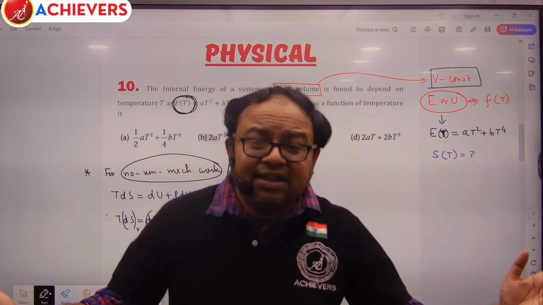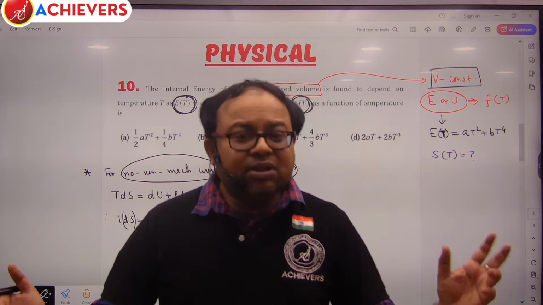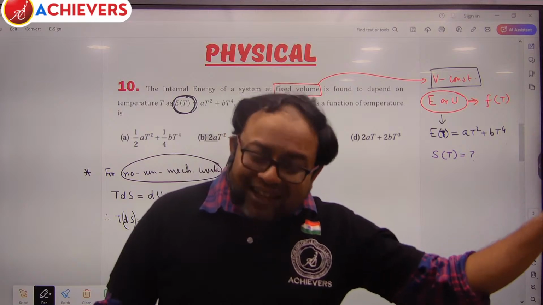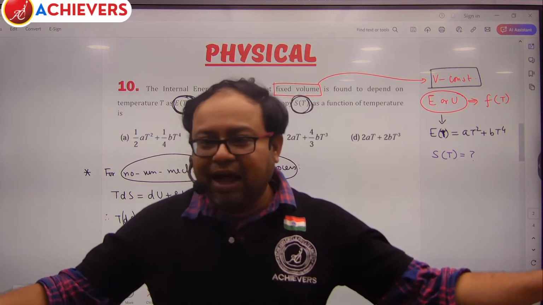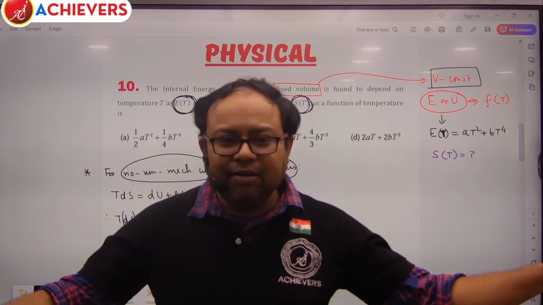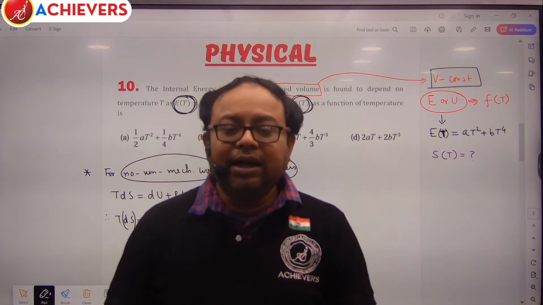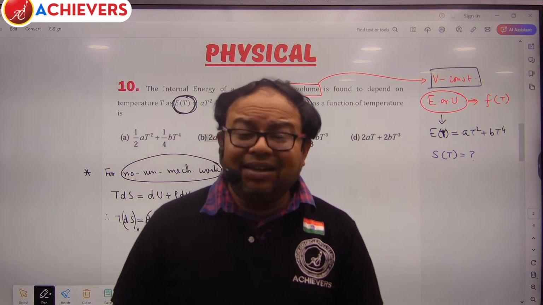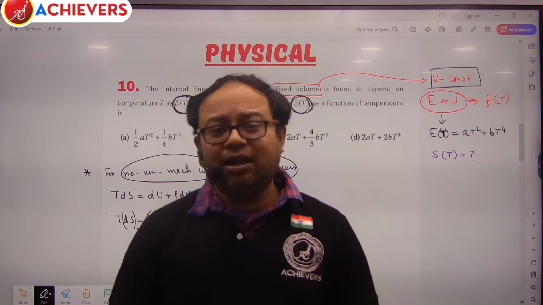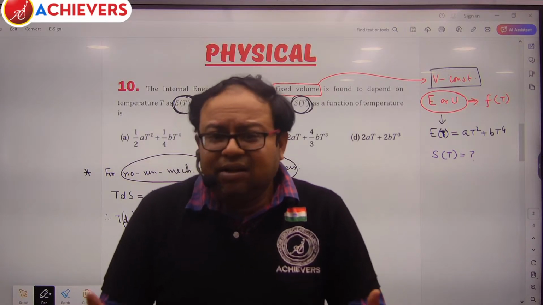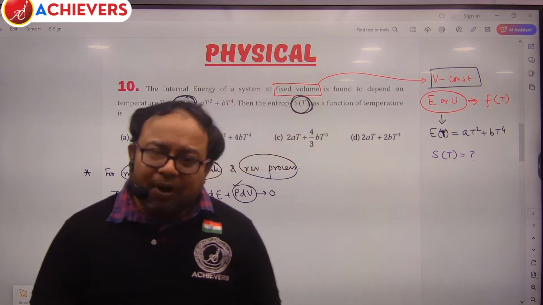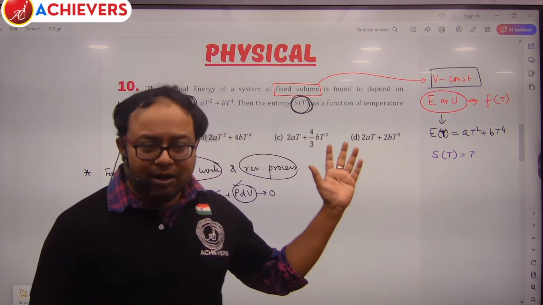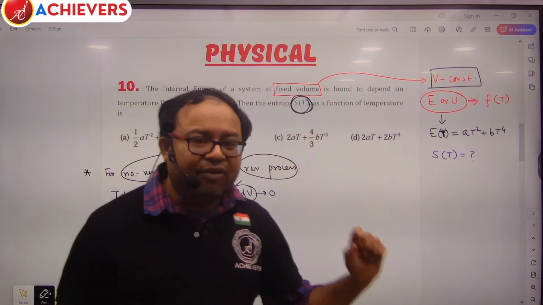So when a process is carried out, a change in a state function depends solely on the initial and the final value. It is independent of the path. So it is immaterial whether the path is reversible or irreversible when we are dealing with a state function.